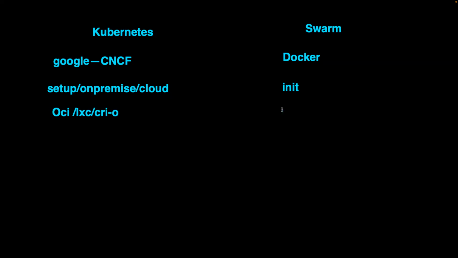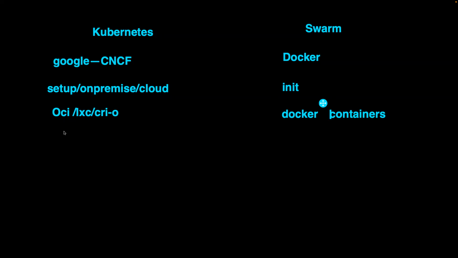Whereas Swarm can manage only Docker containers. Of course, Docker is so famous, but you still have other container runtimes which are possible, and those containers can even be orchestrated through Kubernetes, whereas Swarm can orchestrate only Docker containers. These are some of the basic differences.